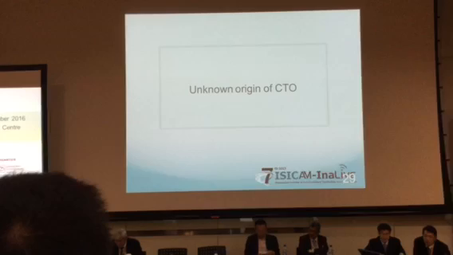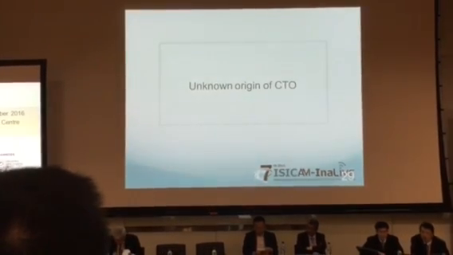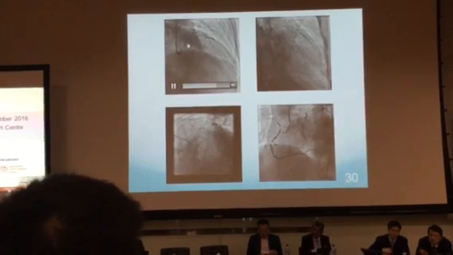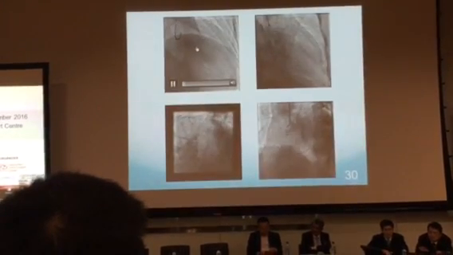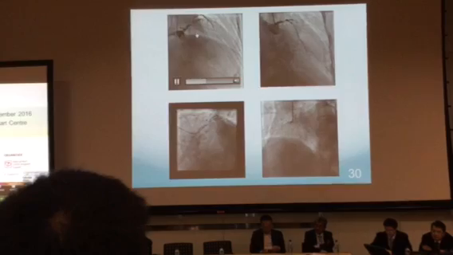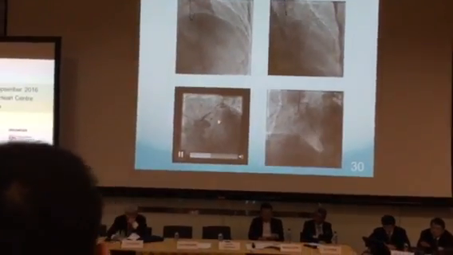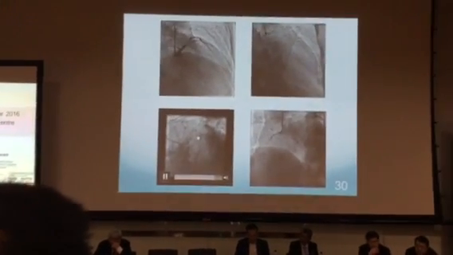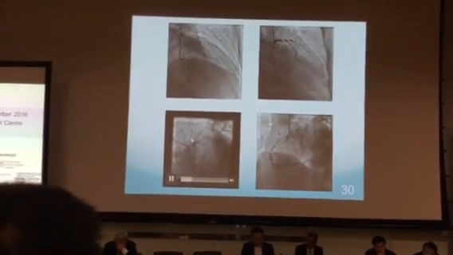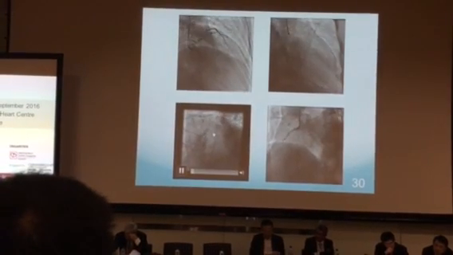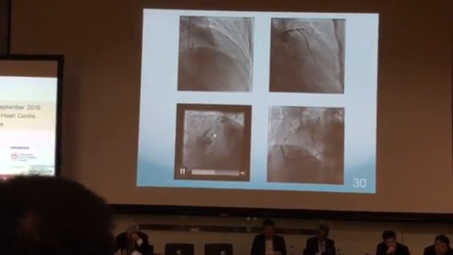And this is the last case. This is a very interesting case because as you can see here, there is a left main disease with CTO just at the ostial LAD, but the problem here is that we don't know the origin of the LAD. As you can see, there is something like staining here, but we don't know where the entry point is.